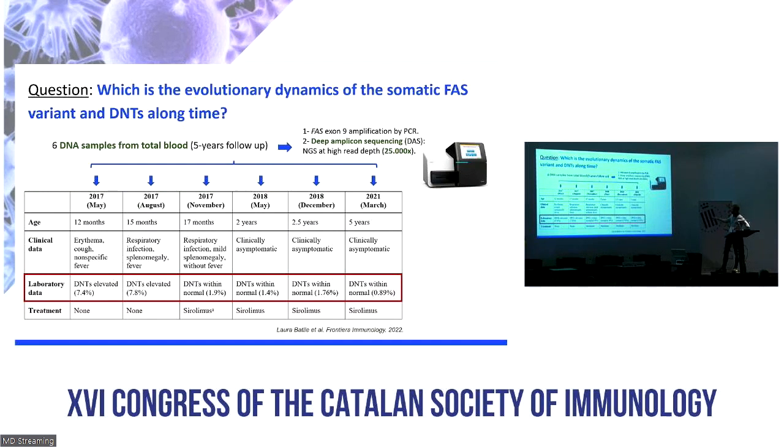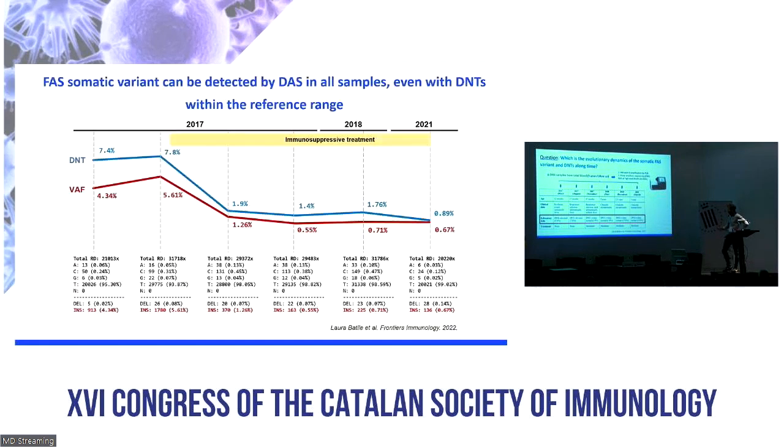With all these 6 samples, we did a technique called deep amplicon sequencing, that consists in amplification of the exon of the variant by PCR, and then next generation sequencing at high coverage to try to detect the variant. And here are the results. These are the 6 samples that we obtained.